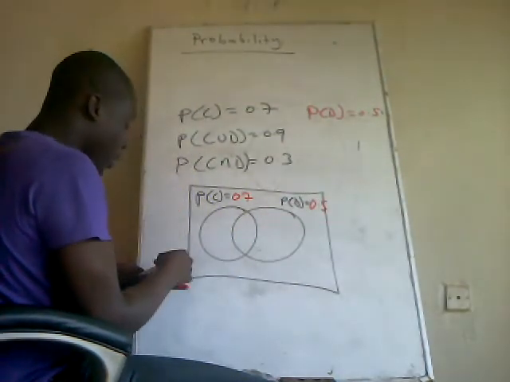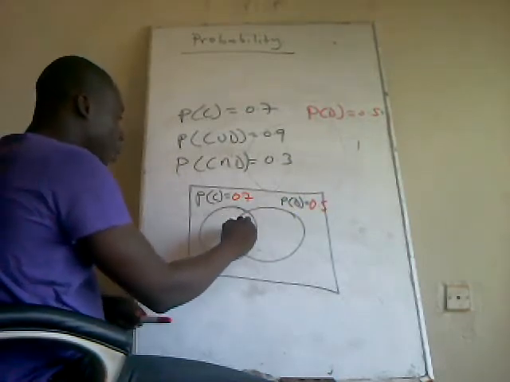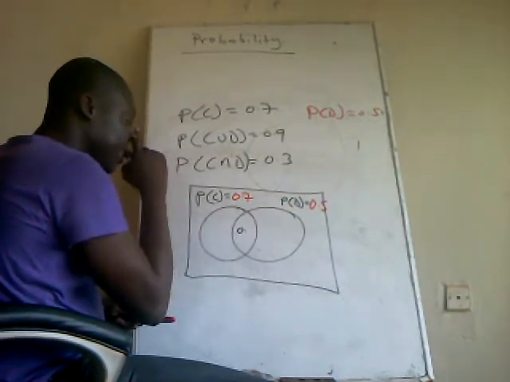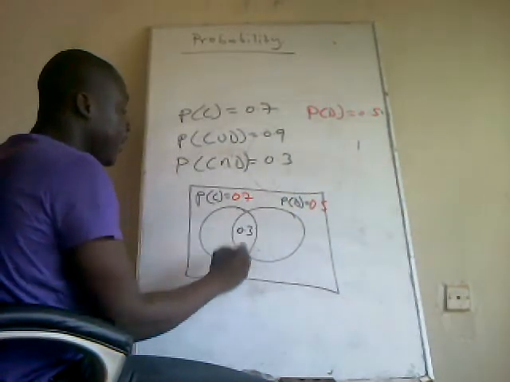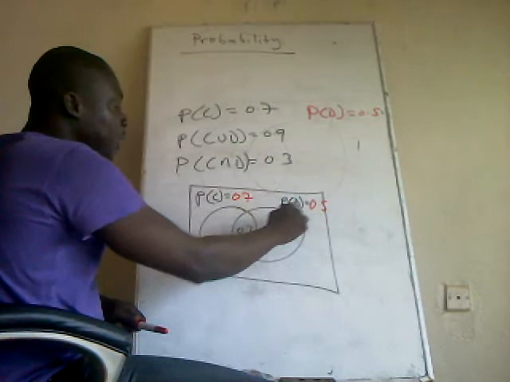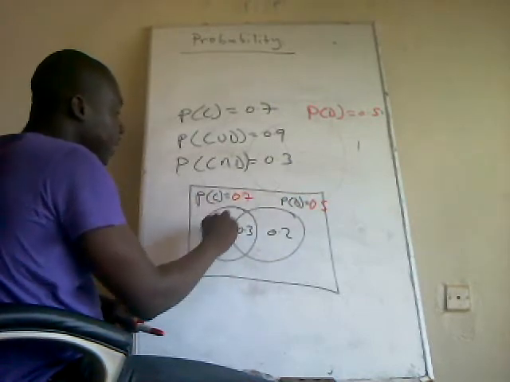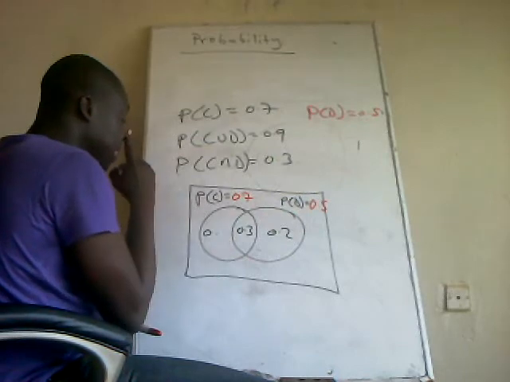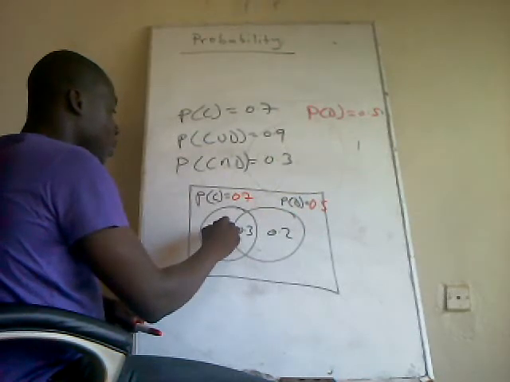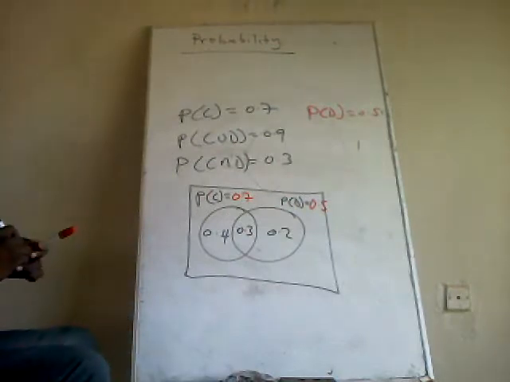Right? Okay. Now we start from the middle. Now if this is 0.3, then if the whole entire thing is 0.5, then 0.5 minus 0.3 is 0.2. And 0.7 minus 0.3 is 0.4. You see, but I don't stop there.